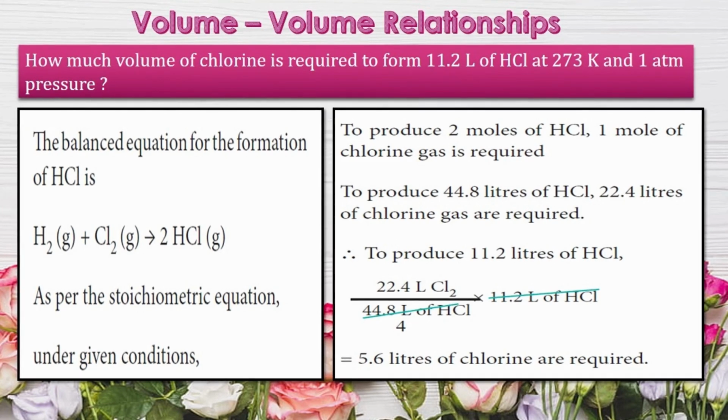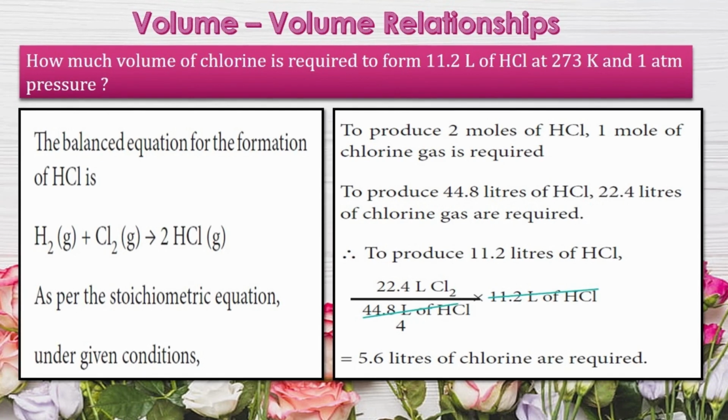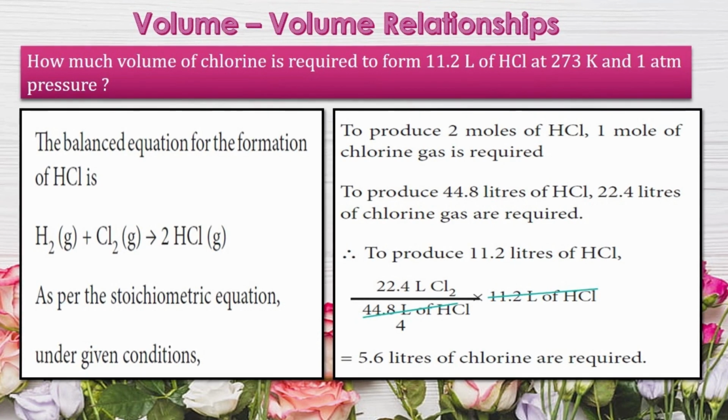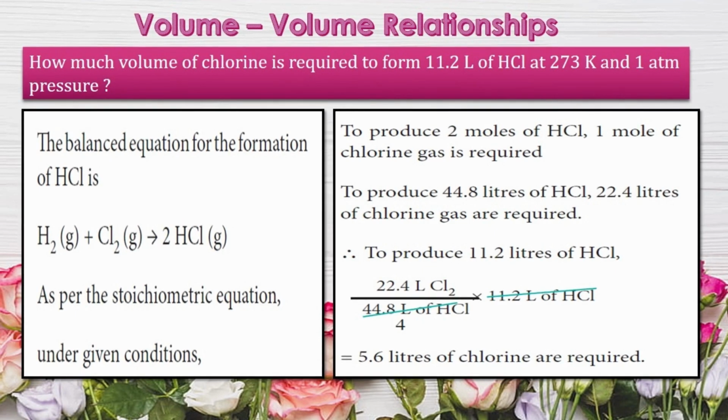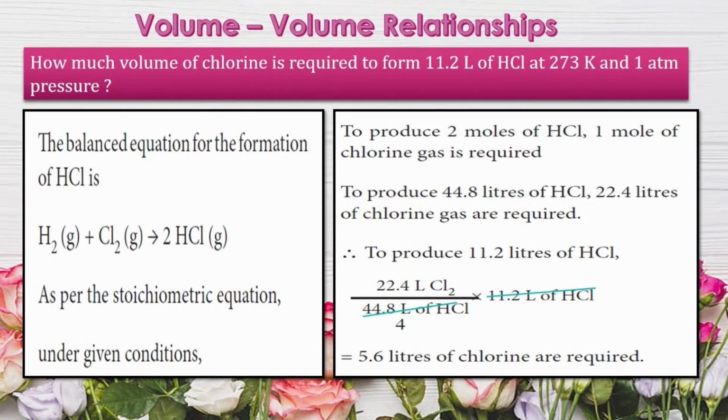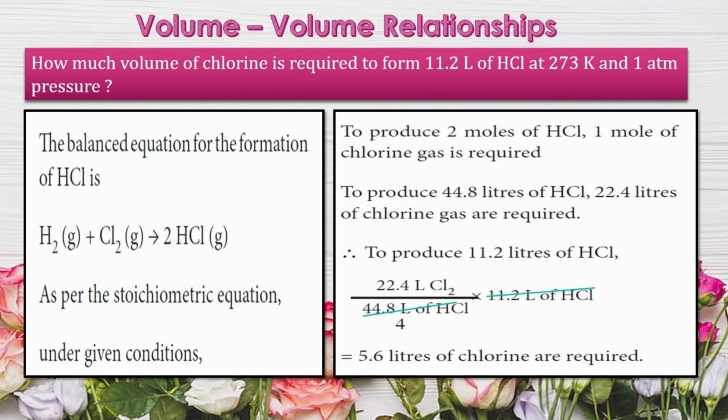We know volume occupied by 1 mole of any gas is equal to its molar volume. Here the volume occupied by 1 mole of chlorine gas will be equal to 22.4 liters. In the same way, volume occupied by 1 mole of hydrogen chloride gas will also be equal to 22.4 liters.